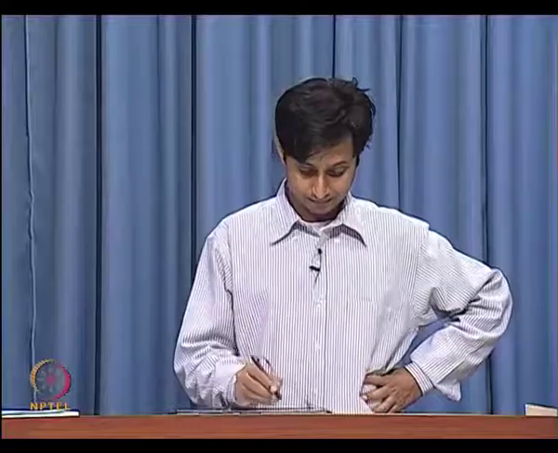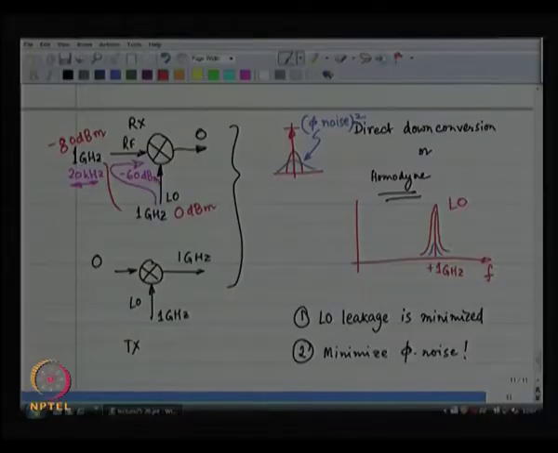The next non-ideality is when the RF leaks into the LO. Is this a big problem at all? No, it is not a big problem at all, because the LO is a 1-0 signal, remember.